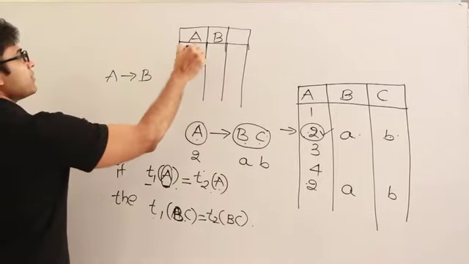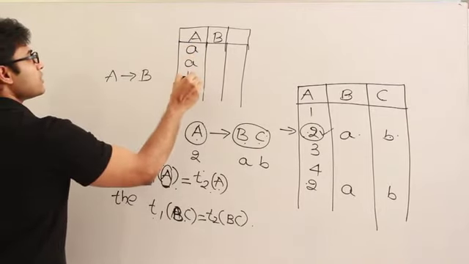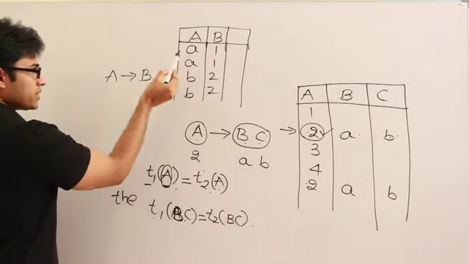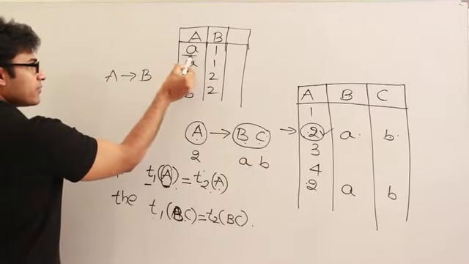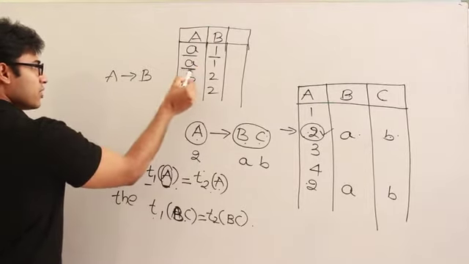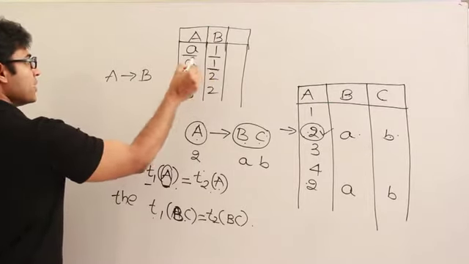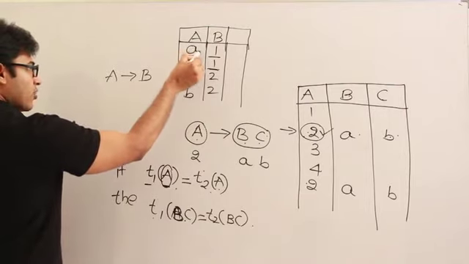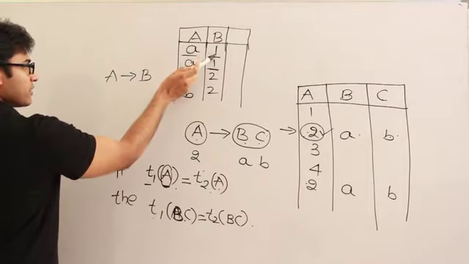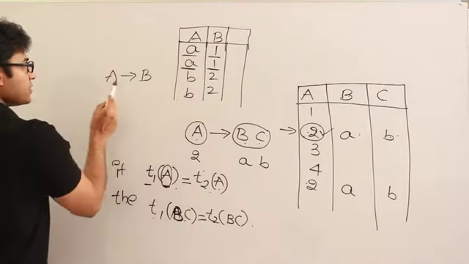So it can be small a, small b, it can be 1 1 2 2, which means for every unique value of A there will be a unique value for B. For the value of small a, if you query what the value of B is, you will always get 1, either here or here, right? That is the meaning of it.